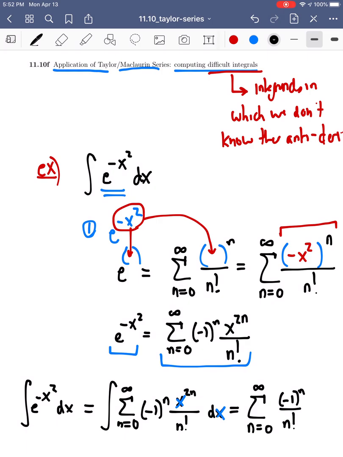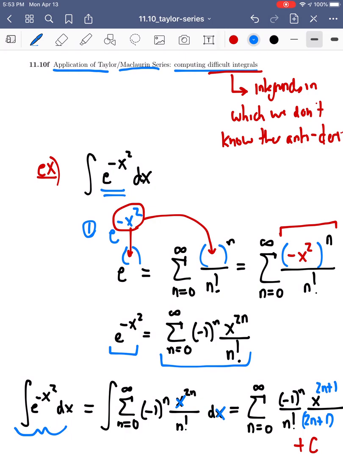Doing the antiderivative power rule, we get an x to the 2n plus 1, and we divide that by 2n plus 1 as well. And since this is an indefinite integral, we get to tack on a plus c. So we weren't able to integrate e to the minus x squared by itself, but we can surely integrate its Taylor series representation.